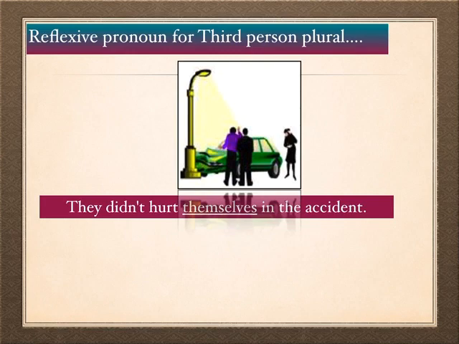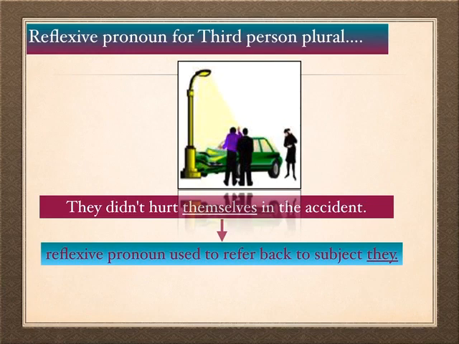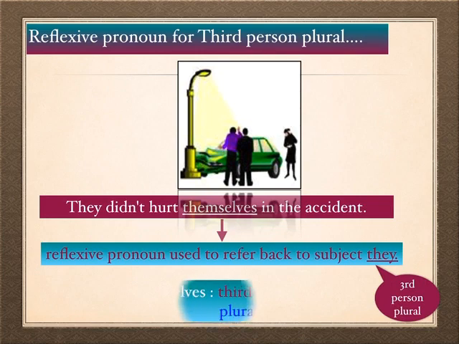Here the subject of the sentence is they, and it is the pronoun used for third person plural, and the object of the sentence is themselves, and it reflects back the action done by the subject, that is they. So themselves is the reflexive pronoun used to refer back to the subject they, and remember they is considered to be third person plural. So themselves is the reflexive pronoun used for third person plural.